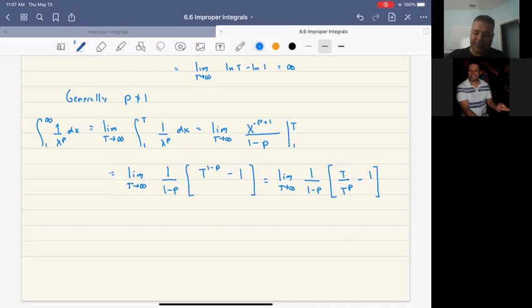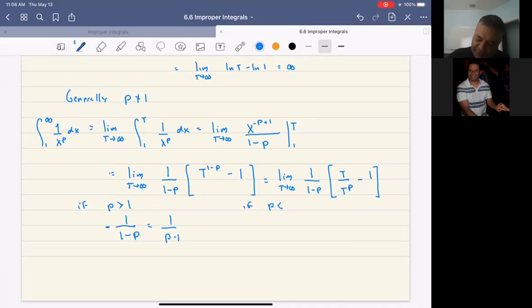So what happens? If p is bigger than 1, this thing is going to be bigger than this thing, and so this is actually going to converge. This becomes 1 over 1 minus p, negative, so 1 over p minus 1.